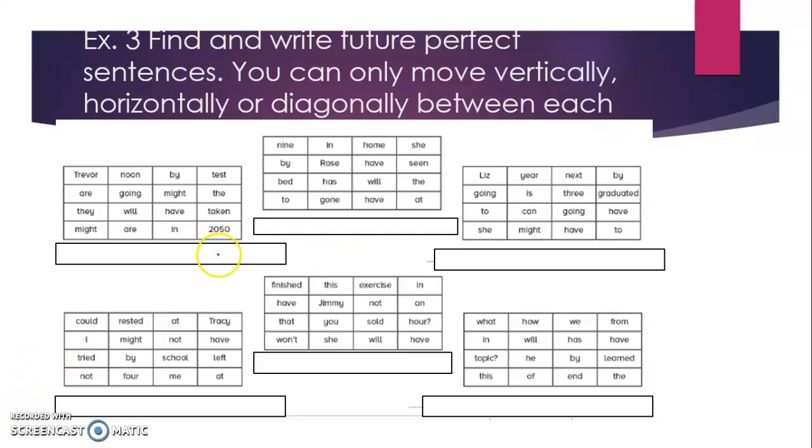Okay, so I'm going to tell you the sentence, and I want you to match with a line, or you can paint with a color with the marker. Pay attention here. The correct sentence is they will have taken the test by noon. Okay, in the next chart, Rose will have gone to bed by 9.